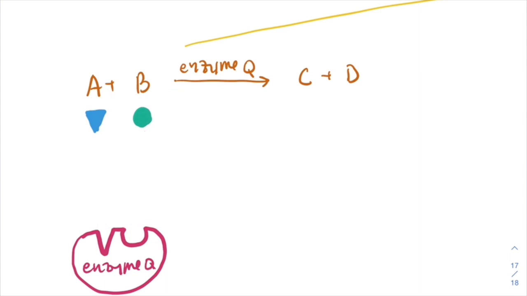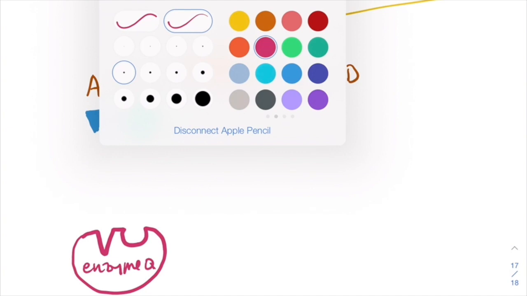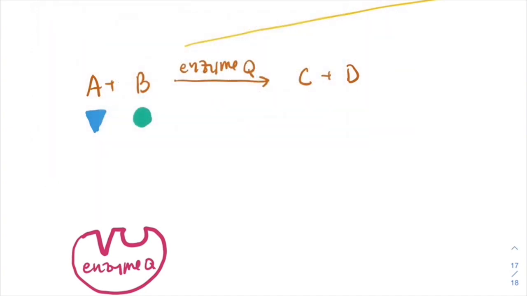I want to make sure that you are aware that the shape of this site here, this whole area here, is called the active site. The active site is what that spot on an enzyme is called. Active site. If you need more time to write this down, go ahead and pause the video because I'm going to go and erase that right now.